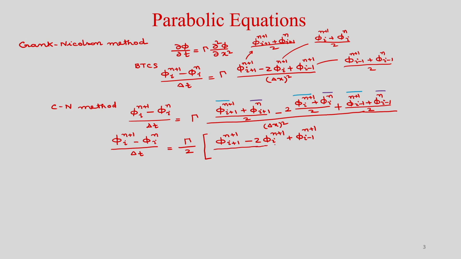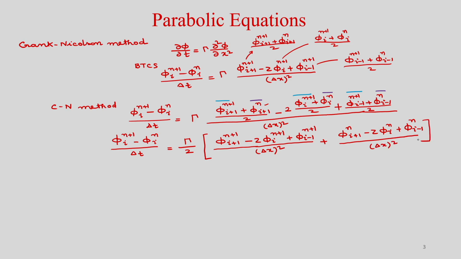So, all the n plus 1 time level values we have taken together, and similarly we will take all the nth time level terms together. So, we will get phi I plus 1 n minus 2 phi I n plus phi I minus 1 n, divided by delta x square.